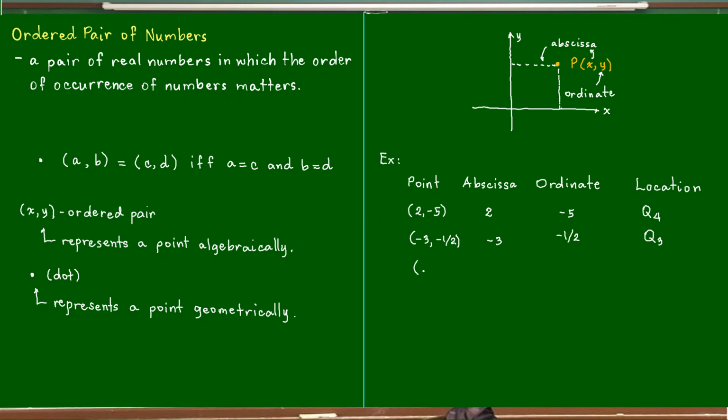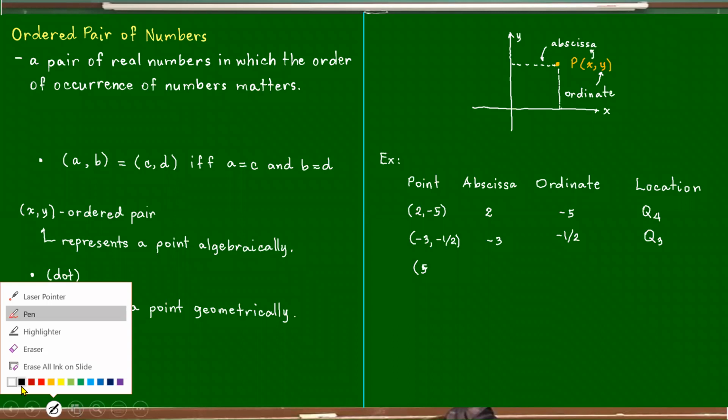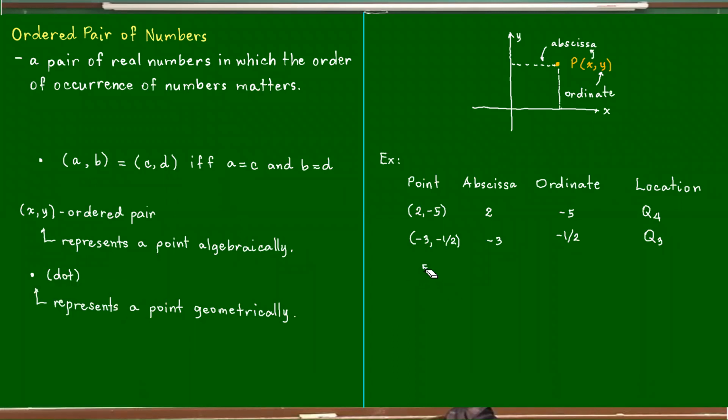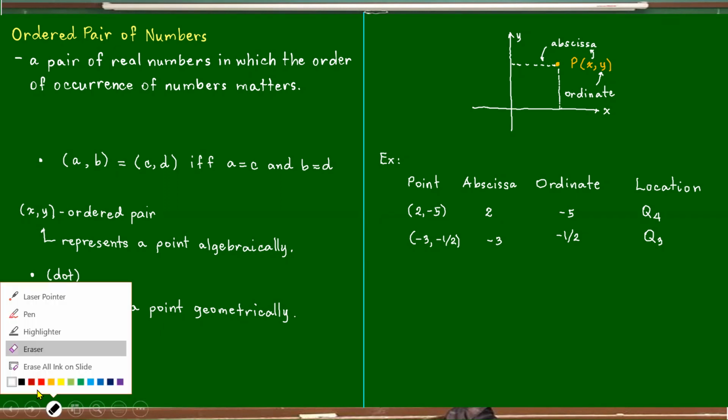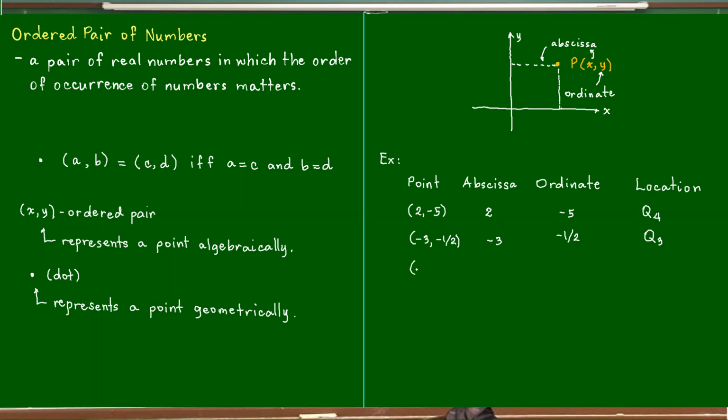If I have (5, 0), abscissa is 5, ordinate is 0.